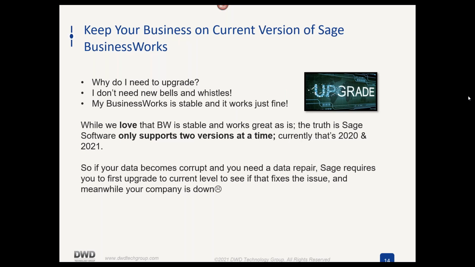So if we run into a situation where we've got some data corruption, or we've got something where we need to have the data repaired by a Sage technician, and you're on a version older than the latest supported, they will require you to upgrade to a more current version. First of all, to see if that fixes the error, and then if it does not fix that error, then they will be able to go in and they can hands-on work on the problem.